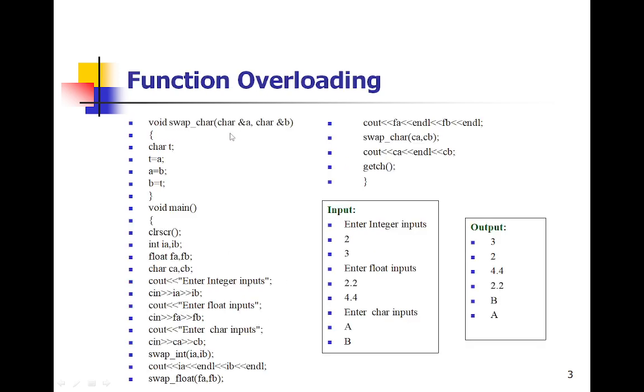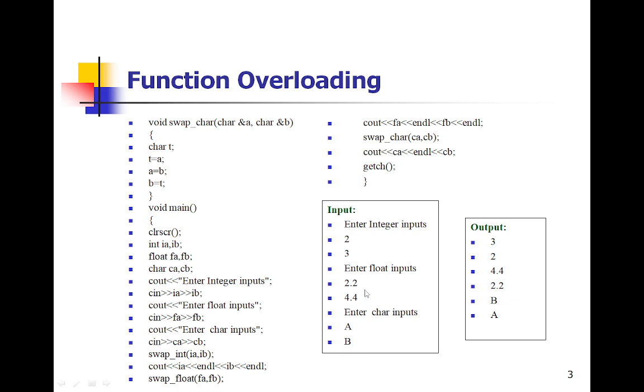And here you can see there are characters too. From the main function we declare some variables and then enter the integer inputs. We get two integer values from the user, 2 and 3. After that we get floating values, 2.2 and 4.4, from the user. Then we receive the character inputs a and b.